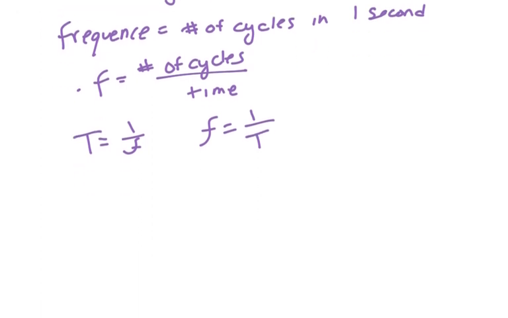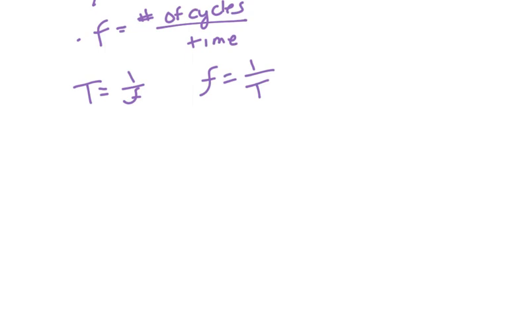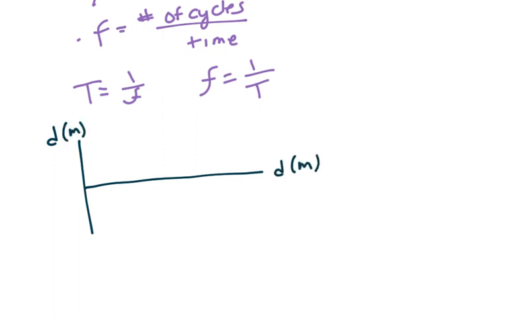We also talked about wave parts. So you need to make sure you're looking at what the axes are. So if this was a distance in meters, and this was a distance in meters, and I drew my wave in here, this would not give me any information about the period or the frequency.